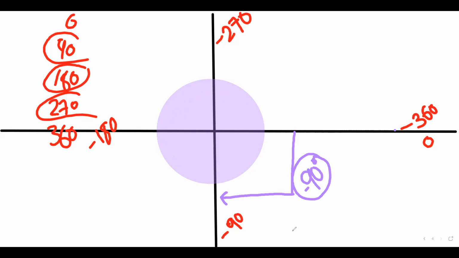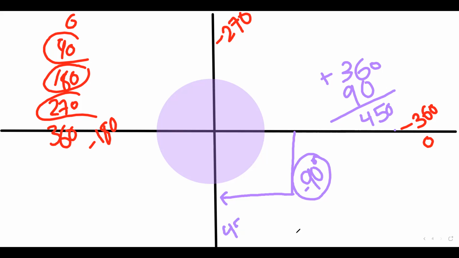Add them, without the negative: 360 plus 90, what do you get? You get 450. So the new angle on this axis is 450. But since I'm moving clockwise, it has to be negative.